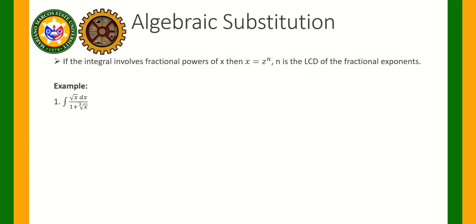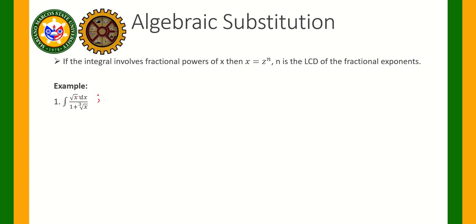Next is the algebraic substitution. So, we have a case here that if the integral involves fractional powers of x, then x is equal to z raised to n, where n is the LCD of the fractional exponents. Okay? So, let's have an example. Example number 1, the square root of x dx all over 1 plus the cube root of x.